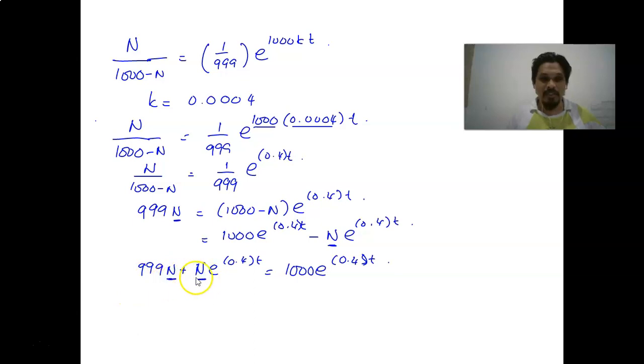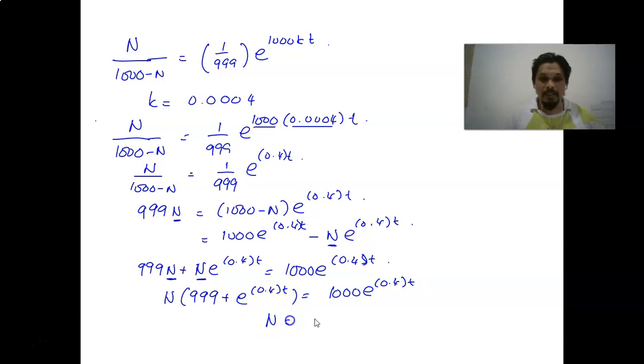We get n is similar here. So then n times (999 + e^(0.4t)) equals 1000 e^(0.4t).